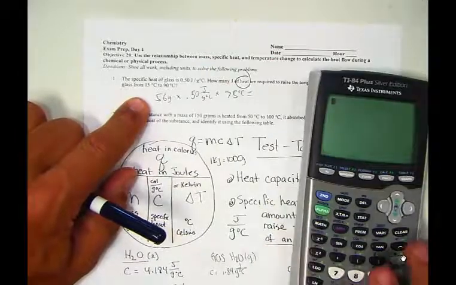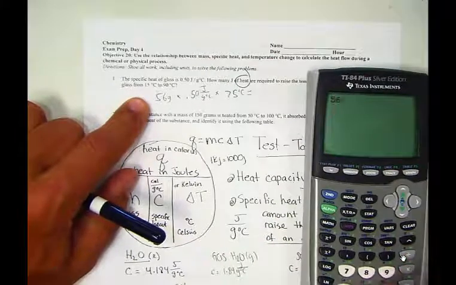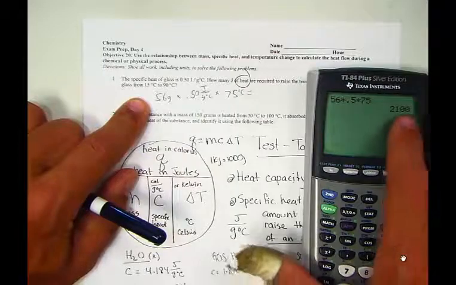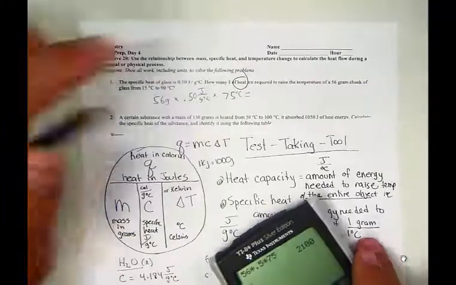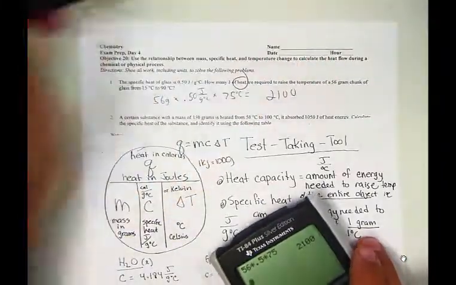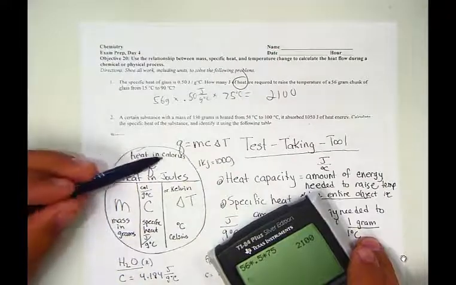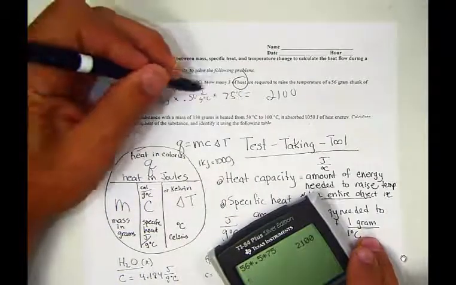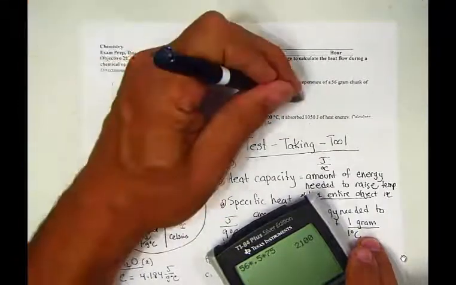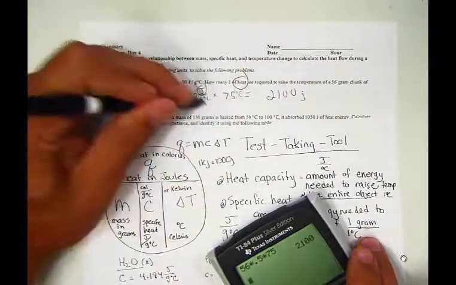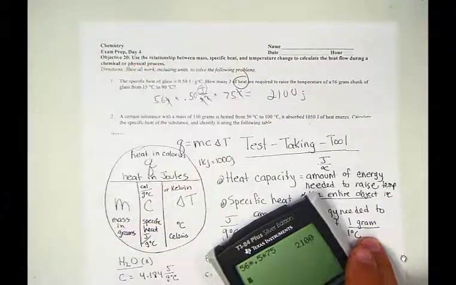Gas law ones do need to be in Kelvin. 56 times 0.5 times 75 is 2100. It's got to be a unit of heat. Sometimes it's in calories, sometimes in joules. This specific heat tells us that it's going to be joules because grams and grams, degrees Celsius, all cross out.